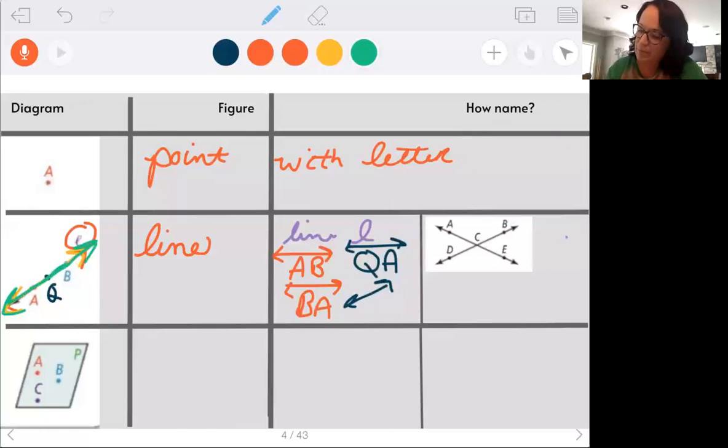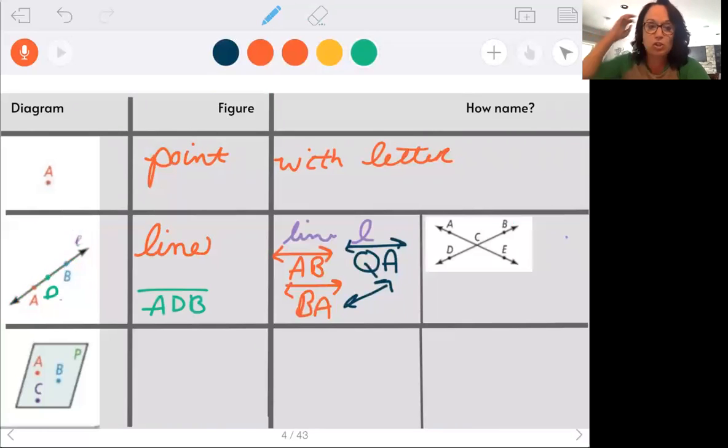Now, one of the most common mistakes I see, especially in summer school geometry when we did distance learning, is that if it had 3 letters, they would pick all 3 and go like this. Now this has 2 mistakes, and I'd like you to stop and figure out what the mistakes are. The first one is that we don't use 3 letters to name a line.